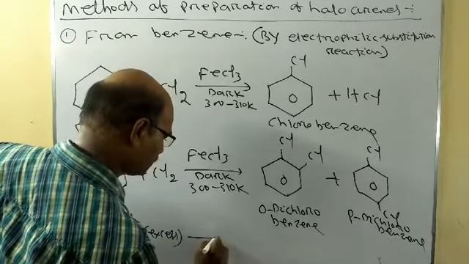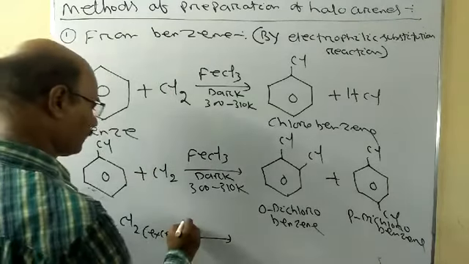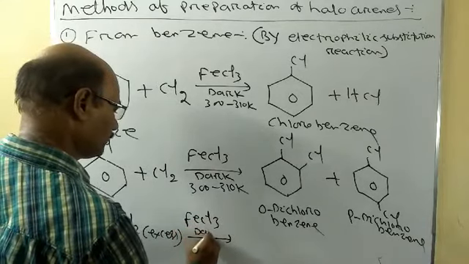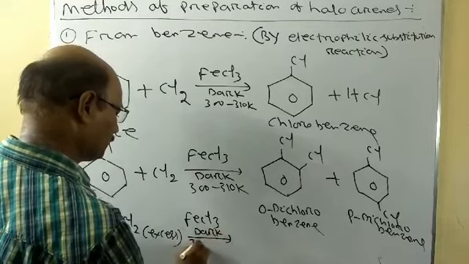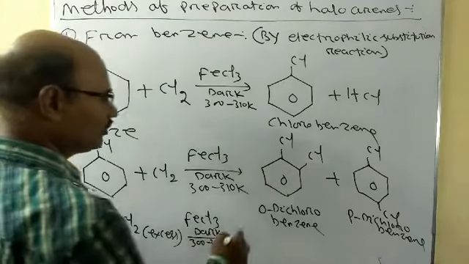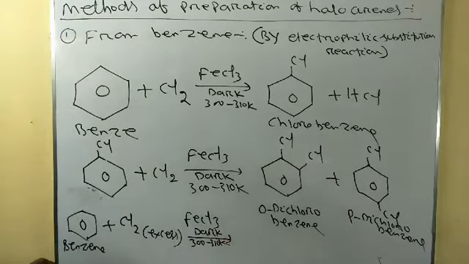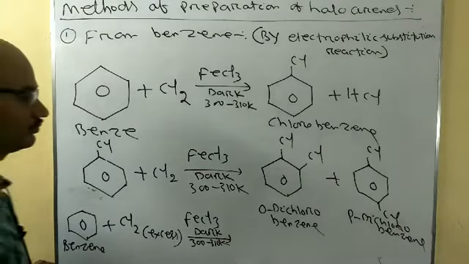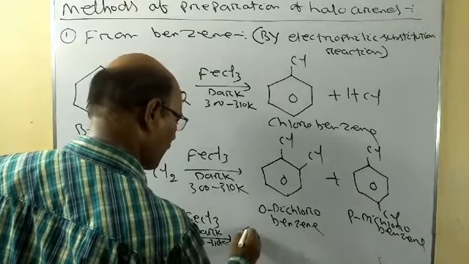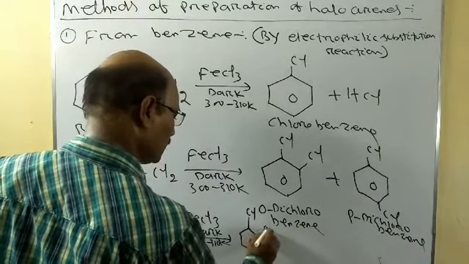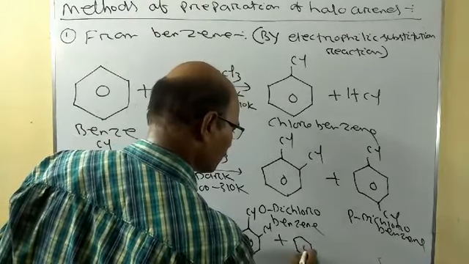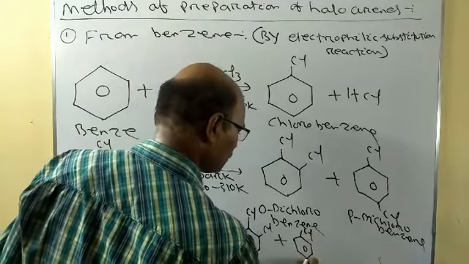With FeCl3, dark condition, 300 to 310 Kelvin, we will get ortho and para dichlorobenzene. With this one Cl and Cl, also plus Cl and Cl.